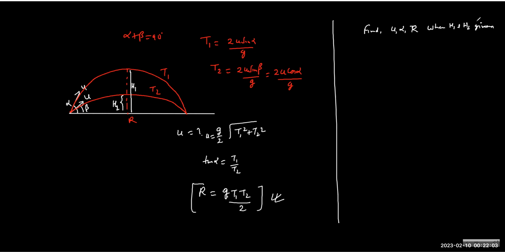We can directly replace T with root of 8h by g. Which T? Sir, like T1, then H1 would be there, corresponding.